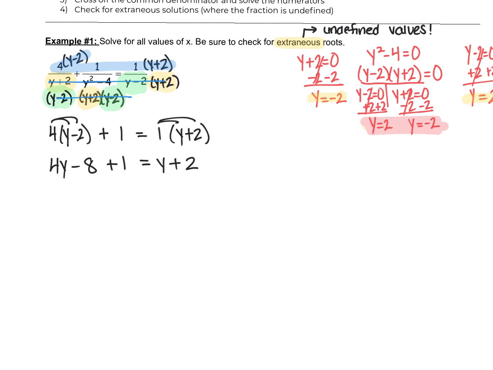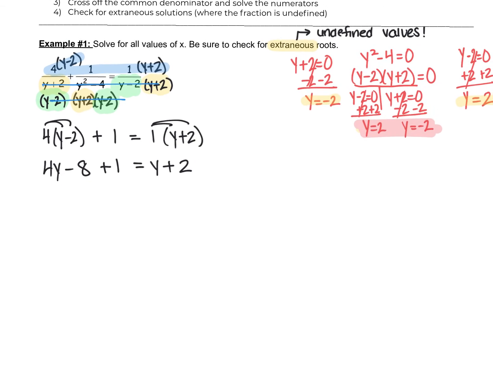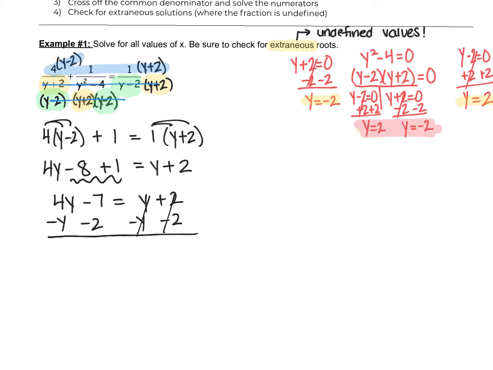So these two I can combine, the negative 8 and the 1. So that's actually negative 7. And I have a y plus 2. I'm going to subtract the y and subtract the 2 to get it equal to 0. So 4y minus 1y is 3y. Negative 7 minus 2 is negative 9.